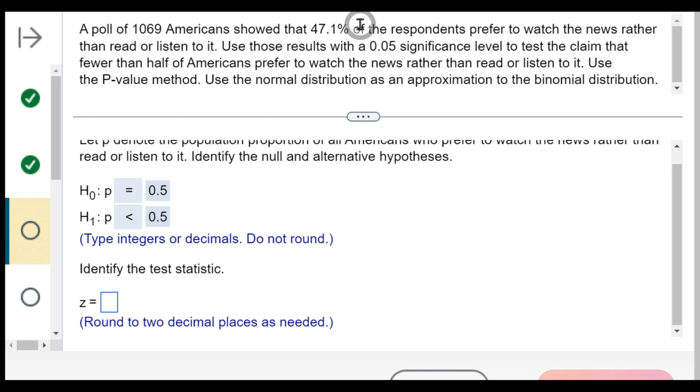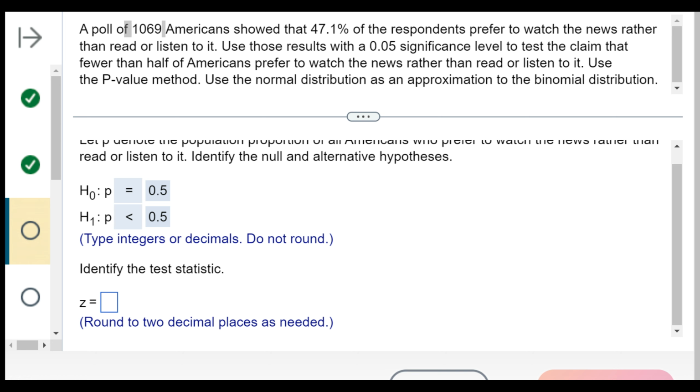To know how many people responded, we want to calculate 47.1% of 1,069. So I'm going to get my handheld calculator. And I find that it's roughly 503. Perhaps I could round up to 504, but I won't do that.